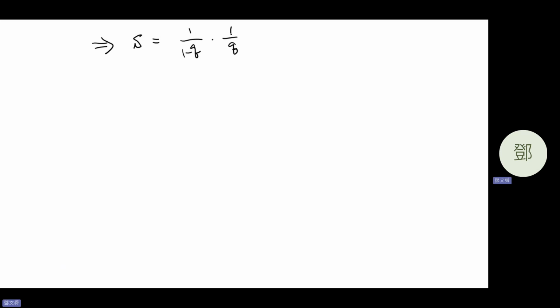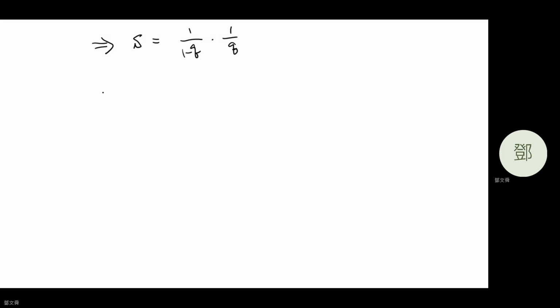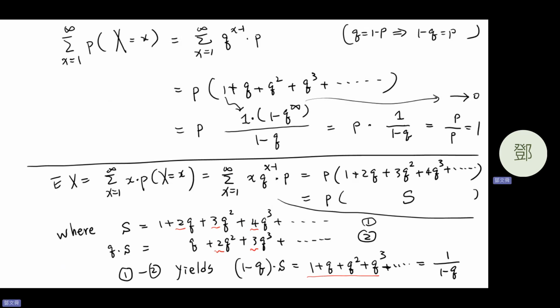So s equal to 1 over (1 minus q) squared. So the expectation of x is equal to p times s, which is p times 1 over (1 minus q) squared. So it is 1 over p. It's going to appear in your final exam.